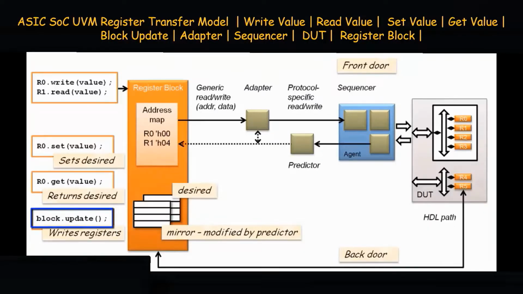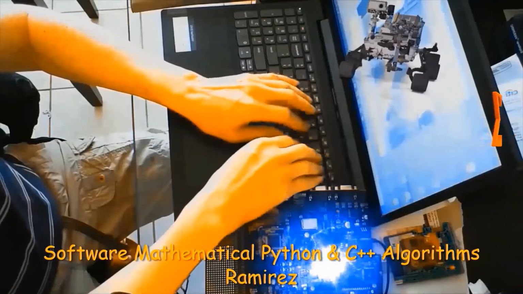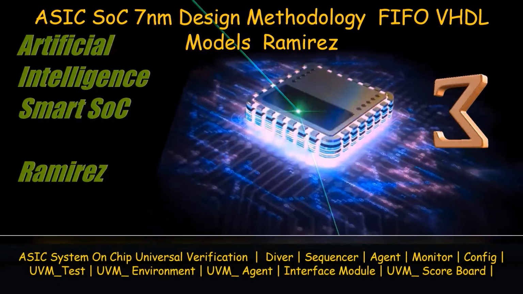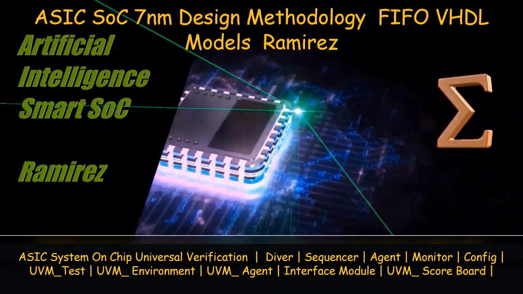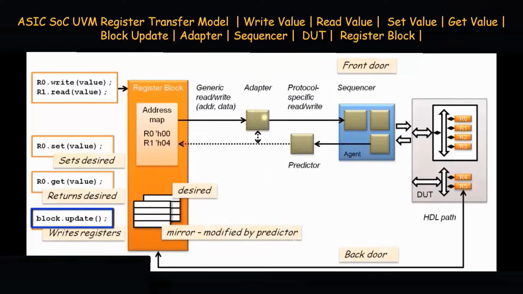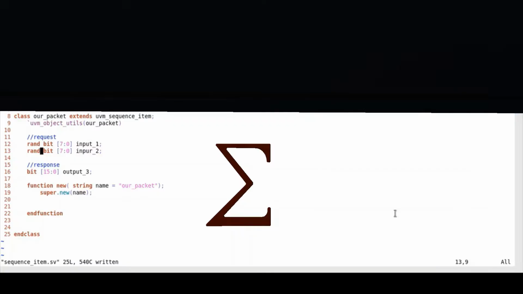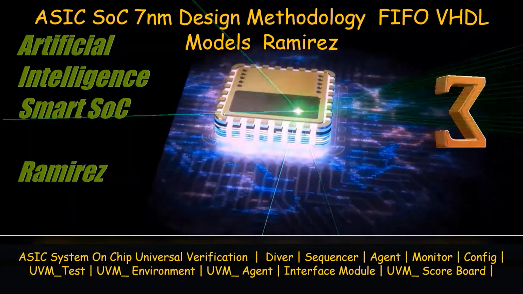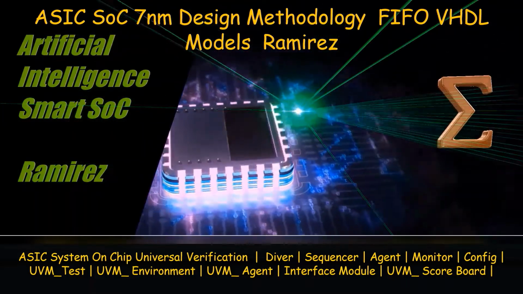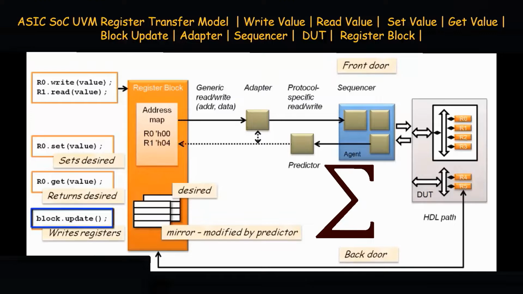The information is also set through the HDL path of register 5 within the DUT, the device under test, and the mirror is modified by the predictor within the register block. Register 0 sets values as they are desired, and register 0 also gets values returned as they are desired.